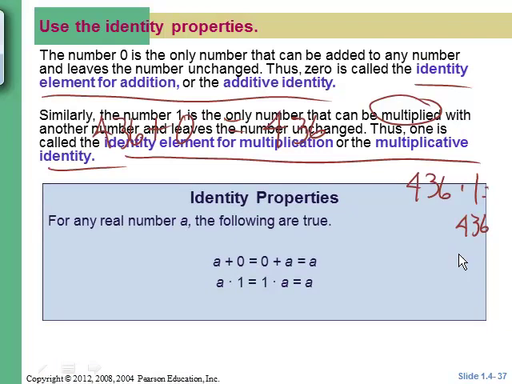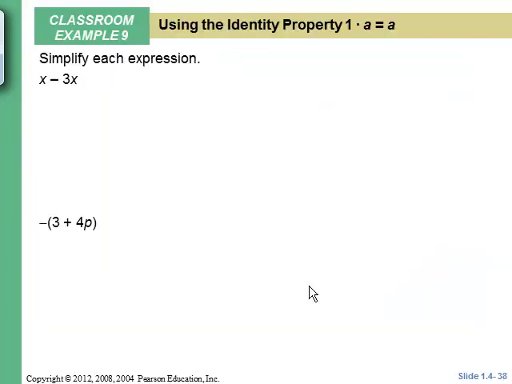So if you add 0 to a number, you end up with that number. If you multiply 1 times that number, you end up with that number. Now, why is this so important? Well, one of the things that people have a hard time with is they don't recognize that this is 1x. 1x, take 3 x's away, you're at negative 2 x's.